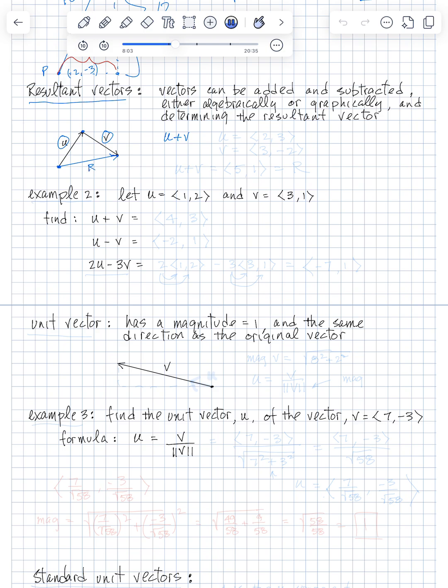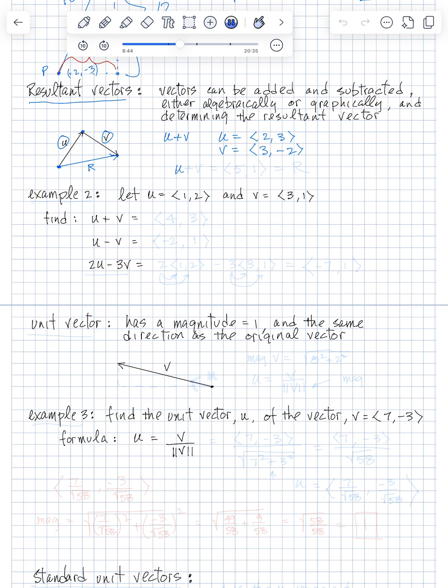But how do you do it algebraically? Well, let's look at what vector u is. u is <2, 3>, and v is <3, -2>. To add them, you just add the x components and the y components.